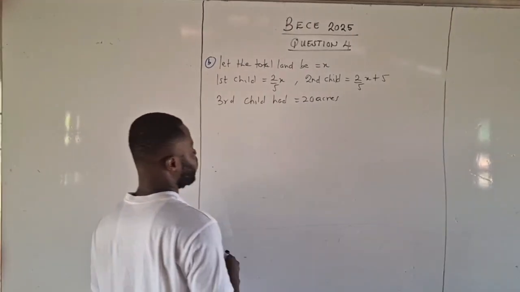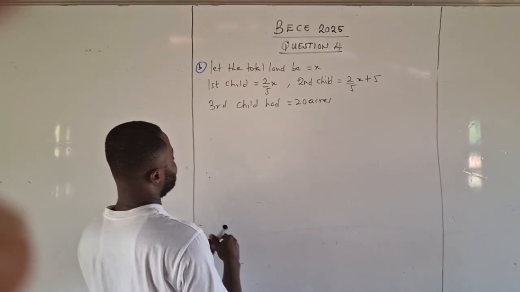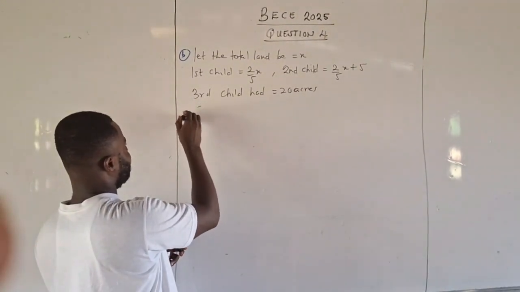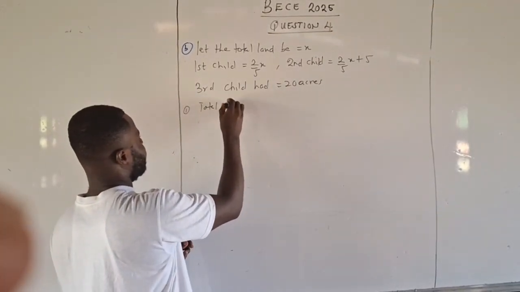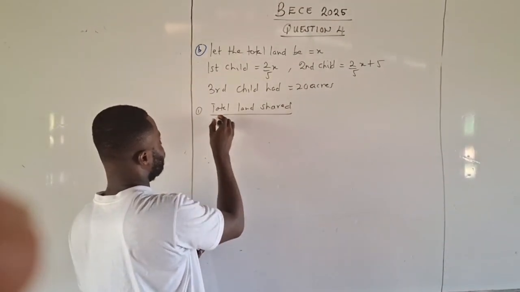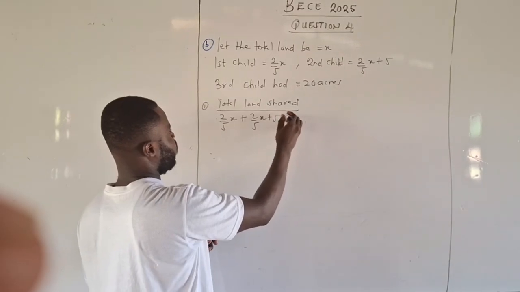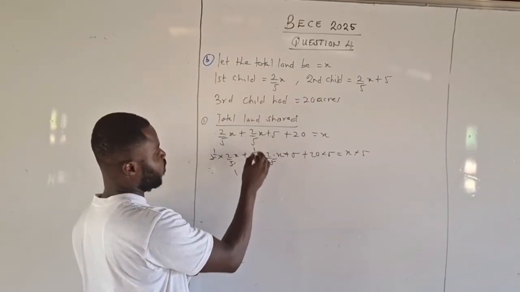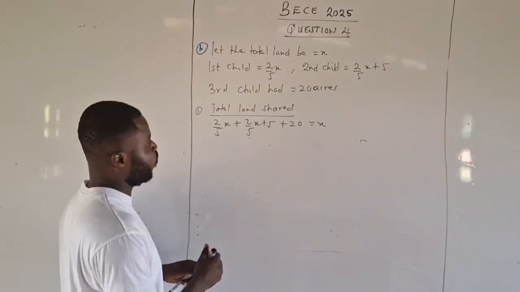So how do we know the total land given? We write the equation for that. Total land shared will be the first child's portion, plus the second child's portion, plus the third child's portion. So 2/5 x plus 2/5 x plus 5, plus 20, equals x.